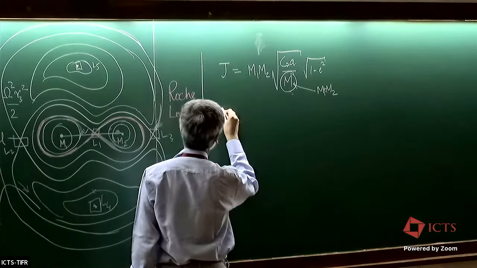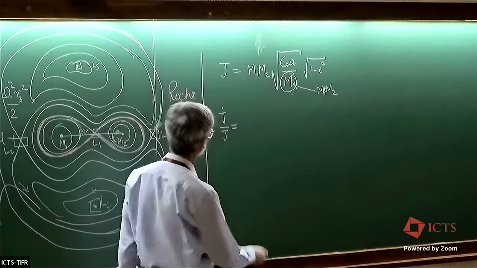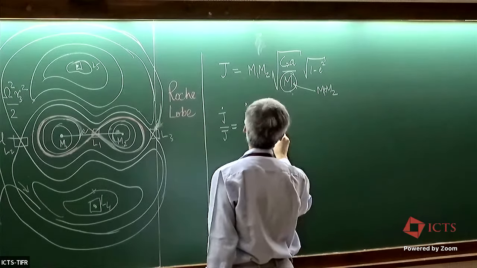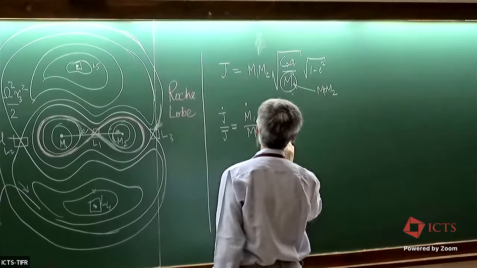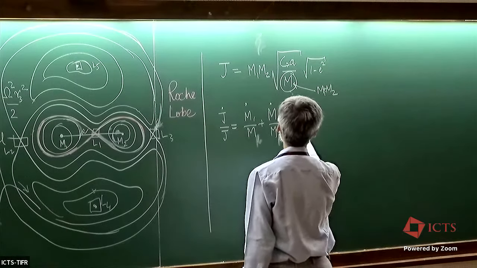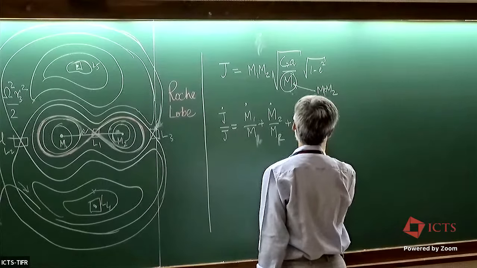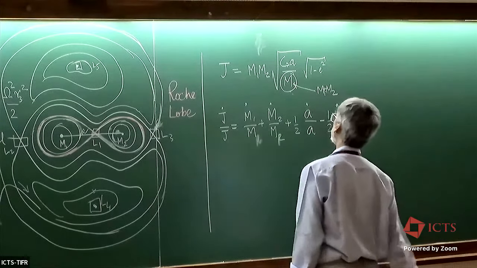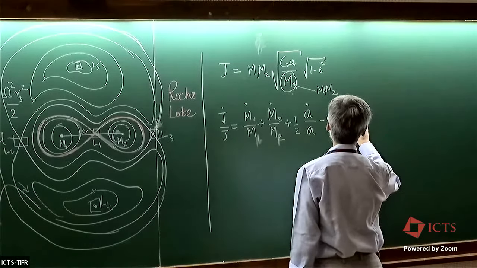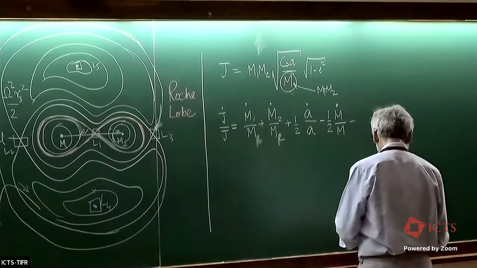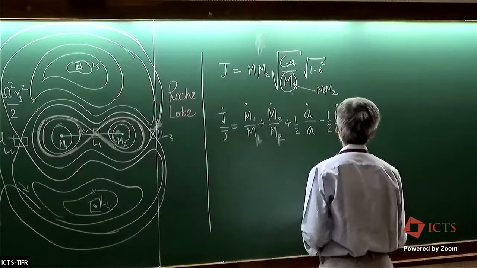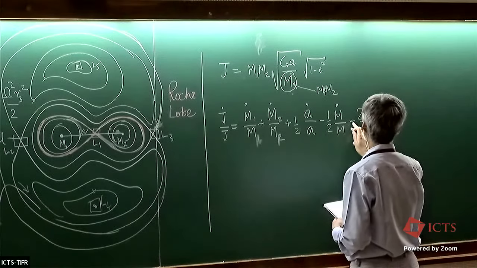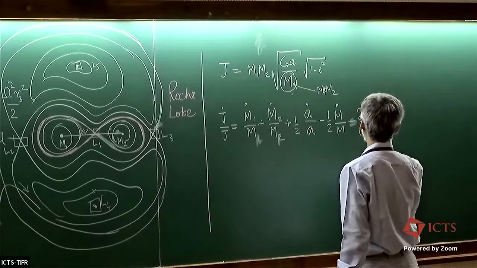And then write a logarithmic derivative: J dot over J is m1 dot over m1 plus m2 dot over m2, plus half a dot over a, minus half M dot over M, and then this will give me e dot over e, minus 2 e dot over 1 minus e squared.